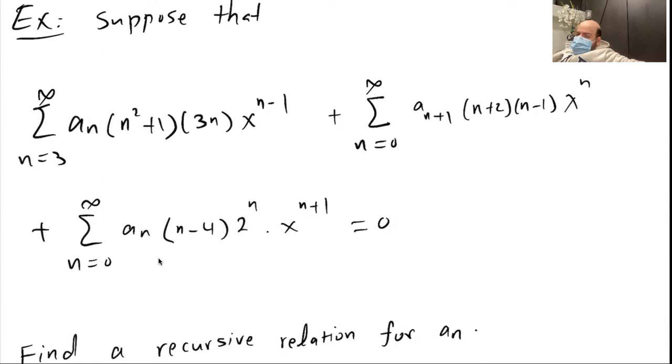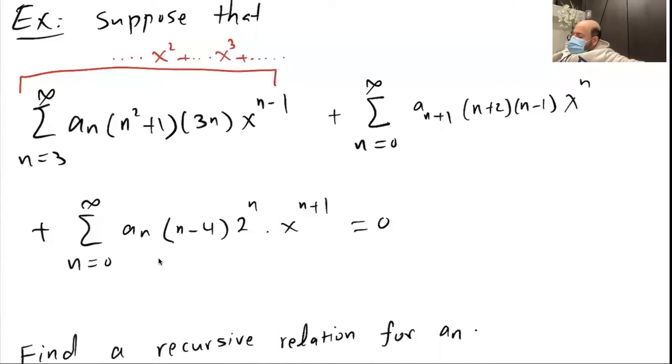So the first term will be the x squared term, then something times x to the power 3, and so on. So this one starts with the x squared term, and then something times x cubed, and so on.